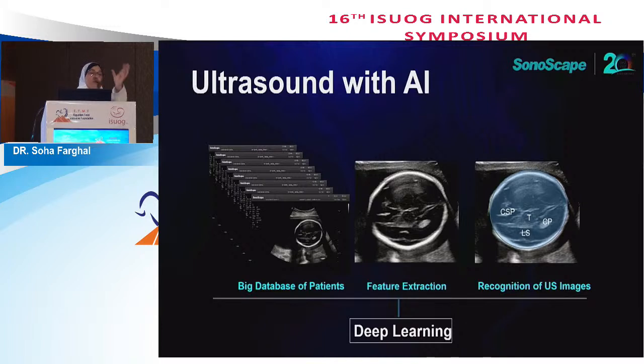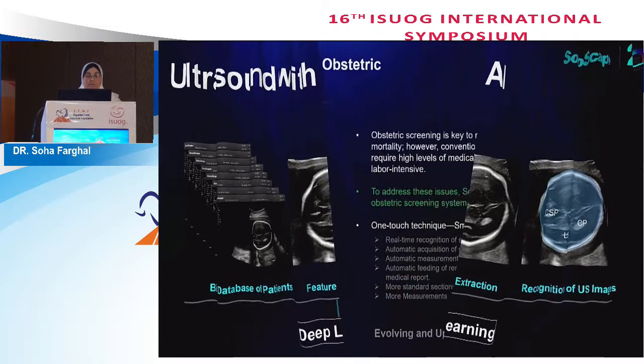For example, if there is an abdominal circumference on the screen of the ultrasound machine, the machine itself will know this is the abdominal circumference. We don't have to tell it, please measure the abdominal circumference for me. The machine itself will recognize the abdominal circumference and will measure it automatically. So this is the idea of artificial intelligence.